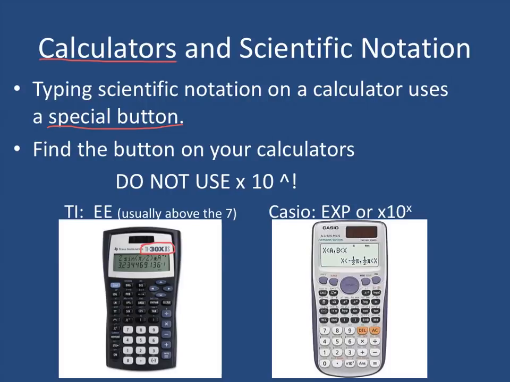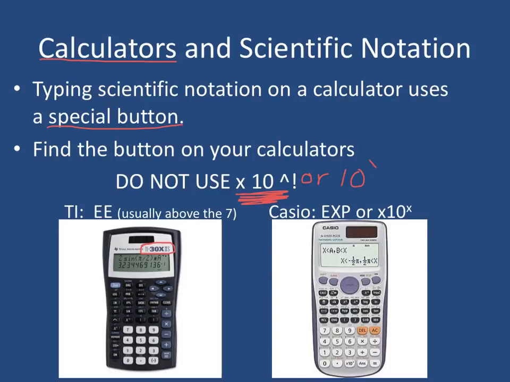But anyway, the button you do not want to use is the times 10 and then the little caret thing. Now, not every calculator has one of these, but you don't want to use times 10 to the little caret, or really just 10 to the x.